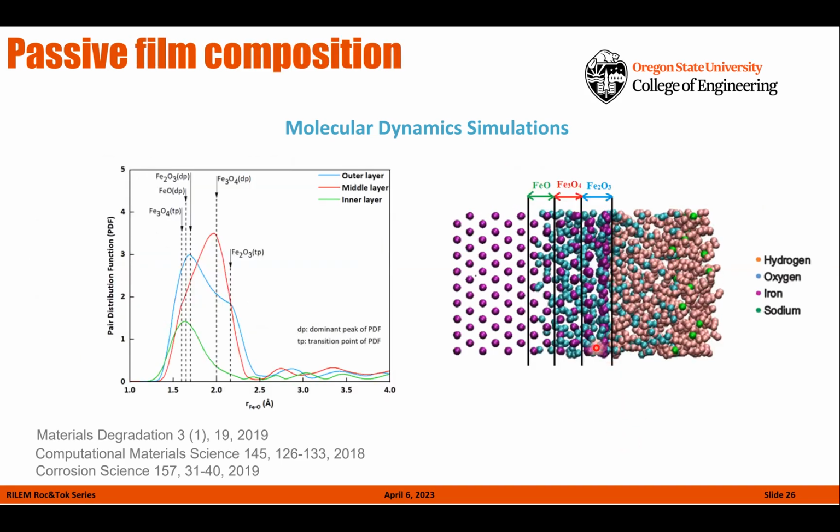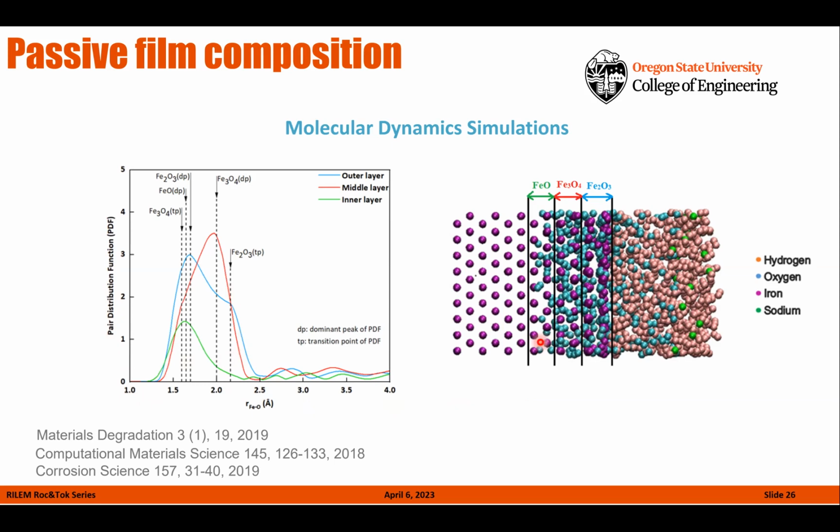And if you look at the composition of those oxides, you can look at the distances between the atoms, oxygen and iron atoms. You look at the pair distribution function plots to identify what kind of oxides you're forming.